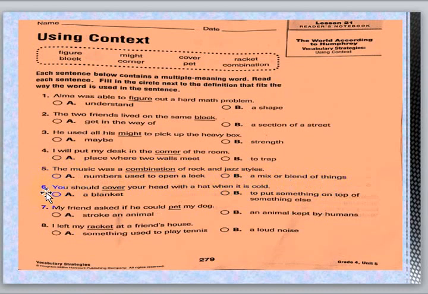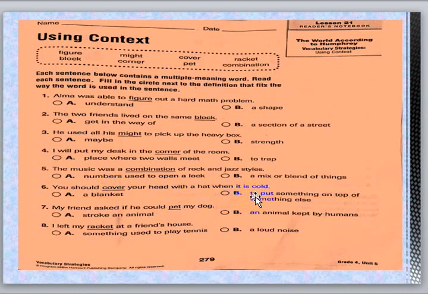Let's go to number six. You should cover your head with a hat when it's cold. Cover your head, cover your hair. Cover here is a verb. Why? After "should" we use a verb. Is it a blanket? No, a blanket is a noun. We want a verb, because after "should" we have to use a verb.